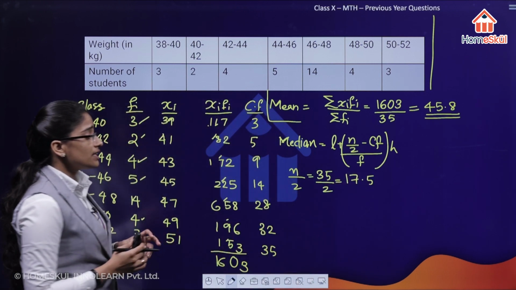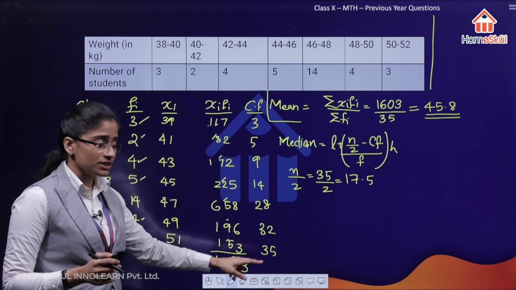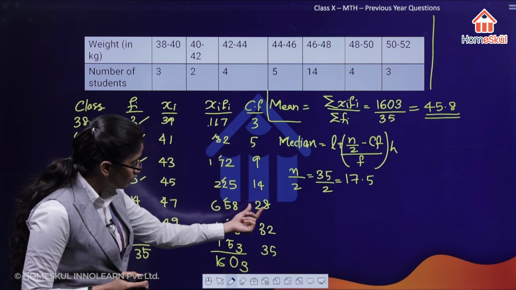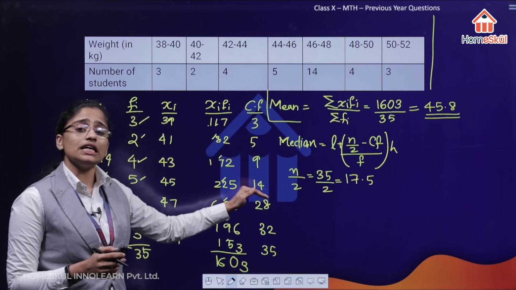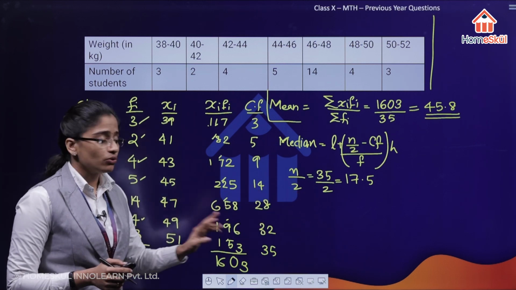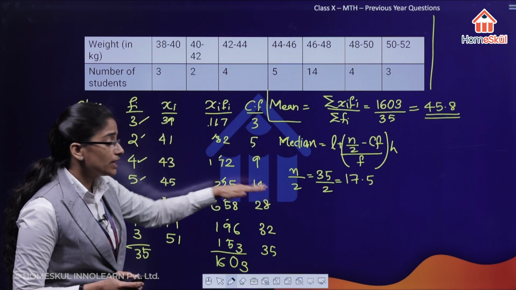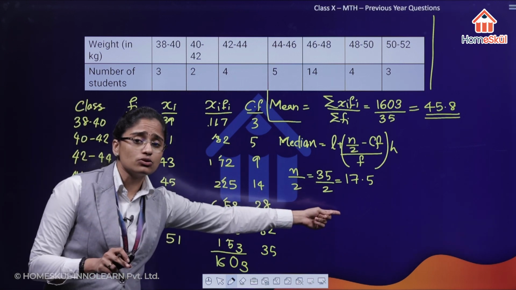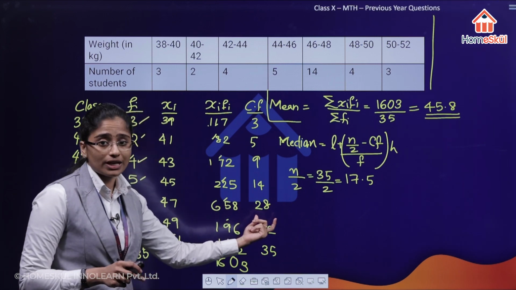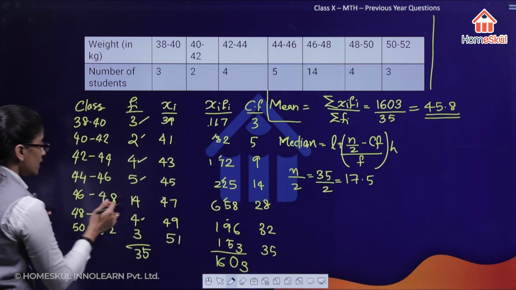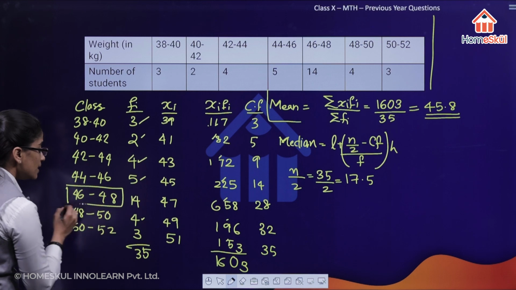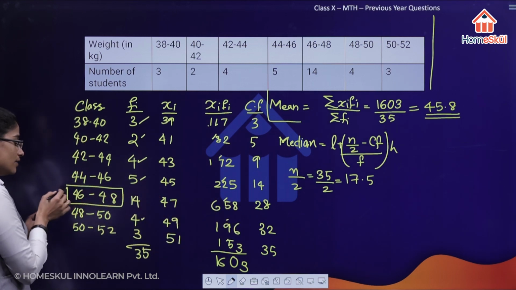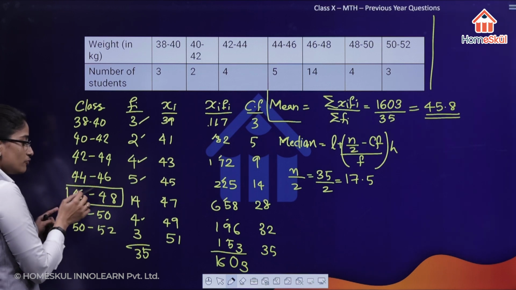We need to consider the cumulative frequency which is greater than and nearer to 17.5. 14 can't be accepted, so it is 28. That corresponding class will be the median class. So here we have the median class 46 to 48.